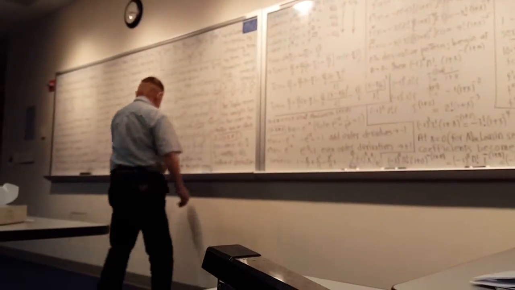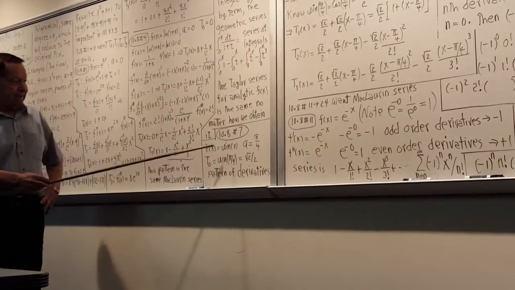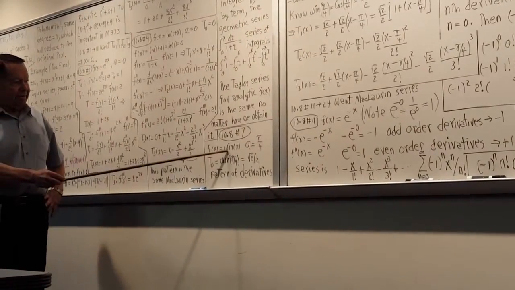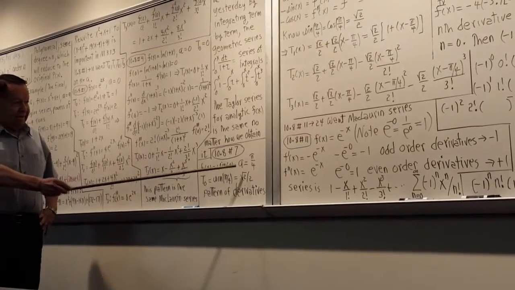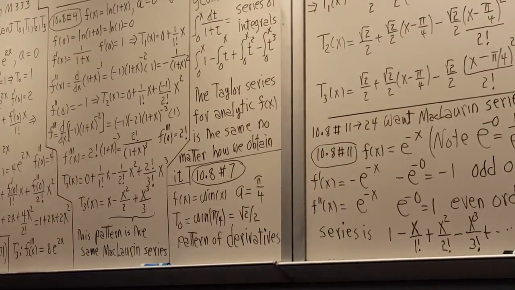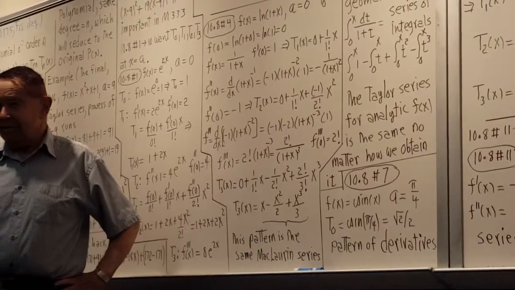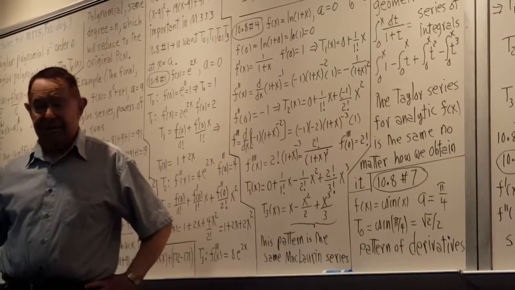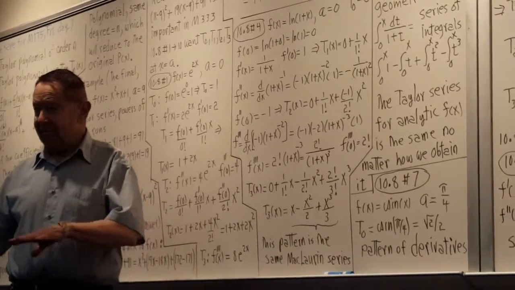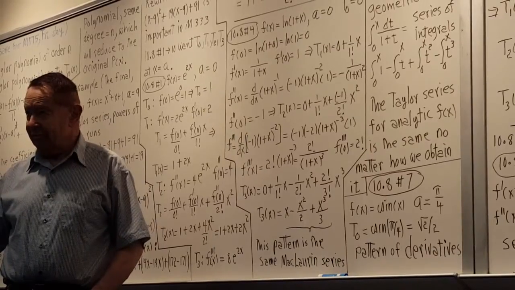Okay, so then look at the next one, problem 7. They want the polynomials for the sine in powers of pi over 4. So you'd use these polynomials if you were trying to compute sine and you were working with angles that are in the vicinity of pi over 4.